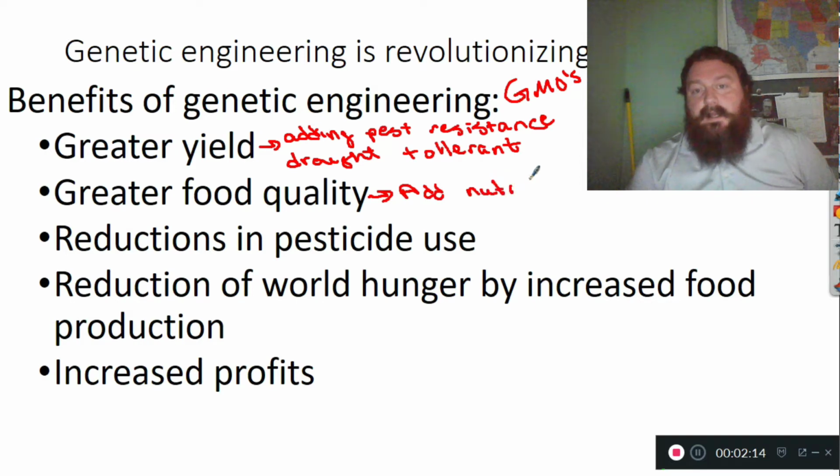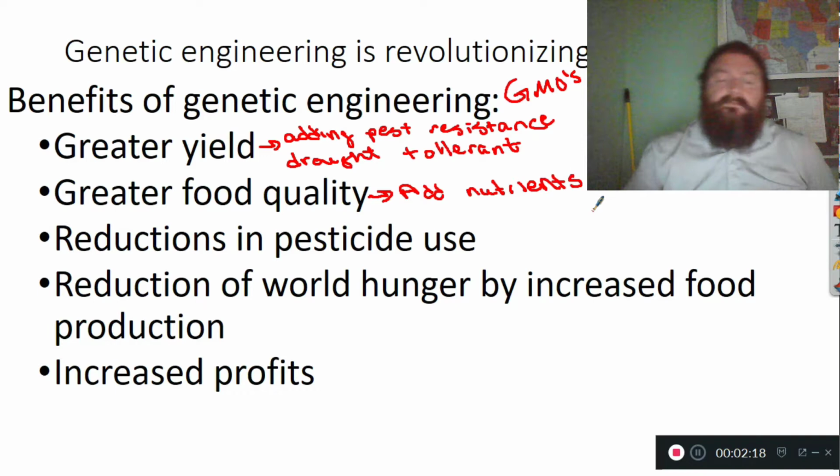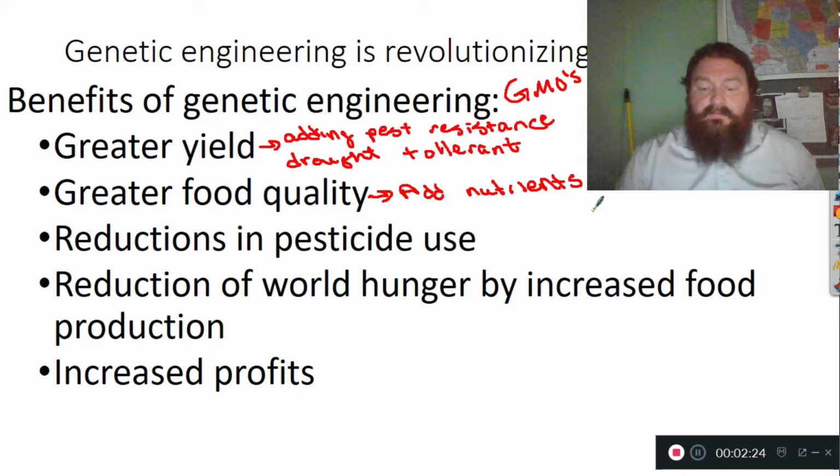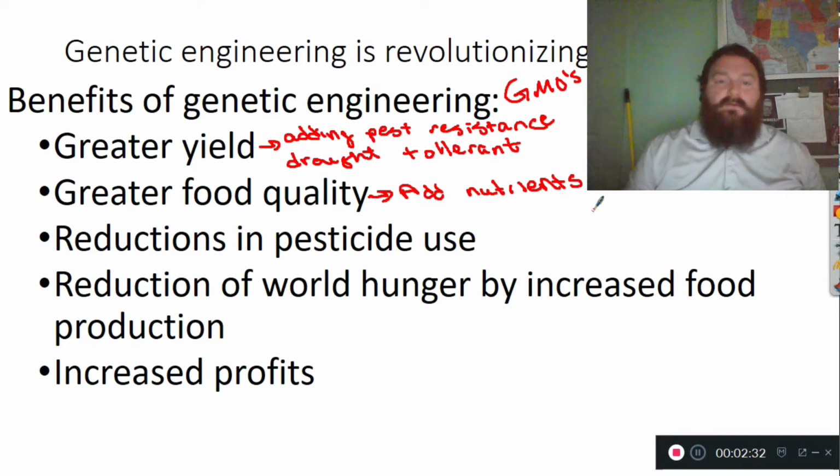For instance, golden rice is the one that I always turn to. With golden rice, they took rice and crossed it with a gene from a daffodil. They inserted that gene because it produced beta carotene. The beta carotene then converts into vitamin A in the human body. So now we had a vitamin enriched rice.